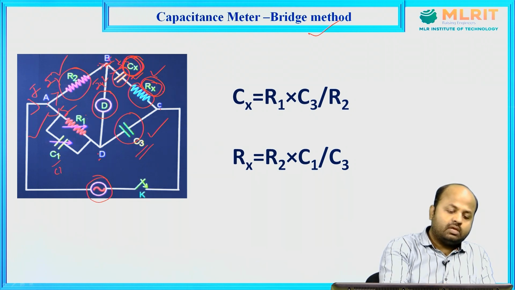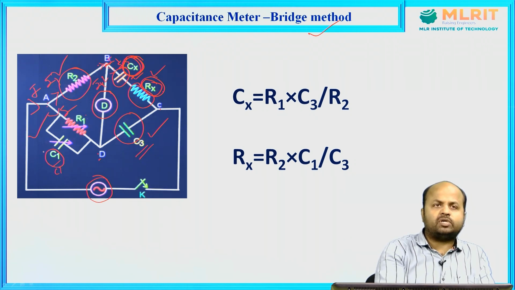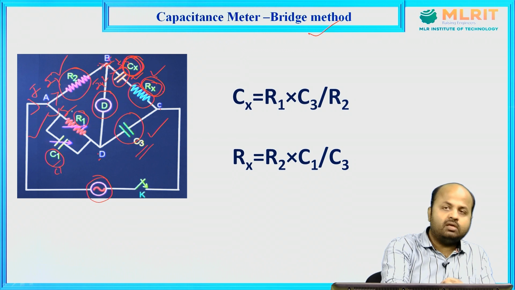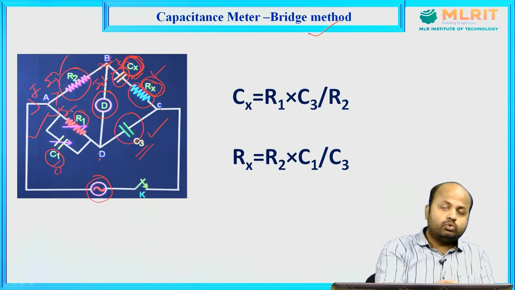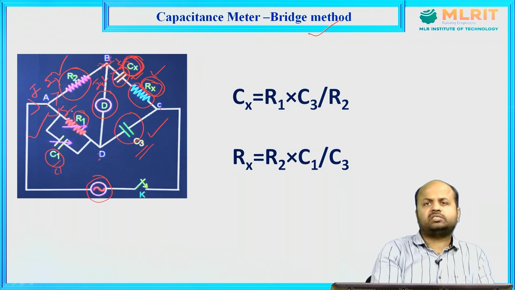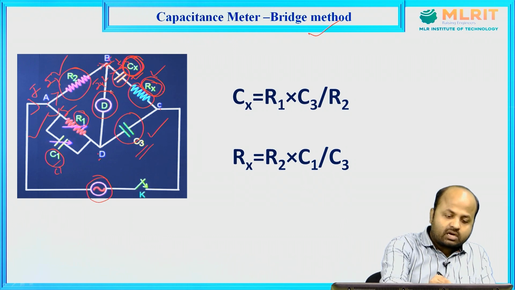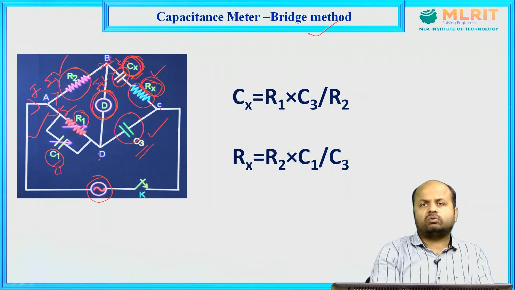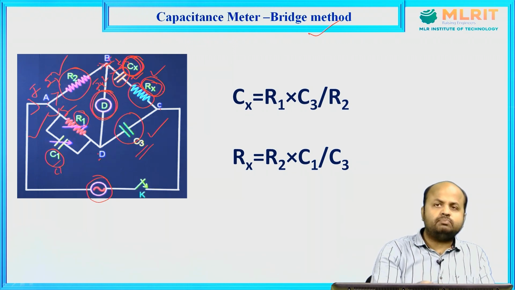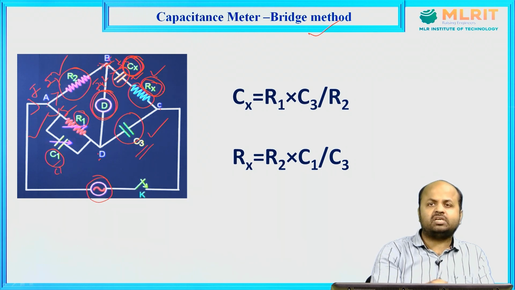Here there is a variable capacitor and this is the variable resistor. We will vary the capacitance and resistance value so that the current in the detector becomes zero. So the bridge method is based on balancing condition. What do you mean by balancing condition?